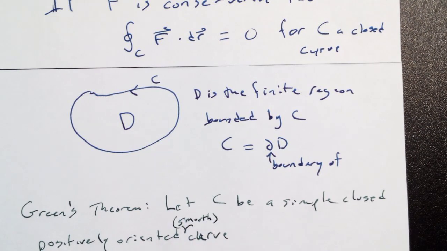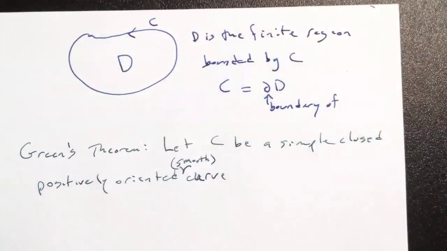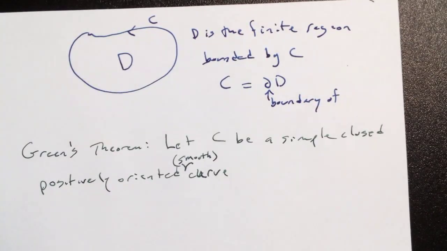I forgot a word. A simple, closed, positively oriented, smooth curve. Smooth? Oh, right. It's got continuous partial derivatives.